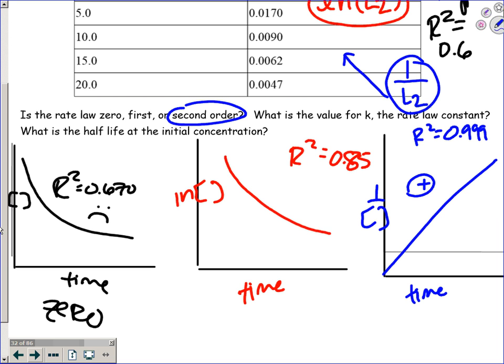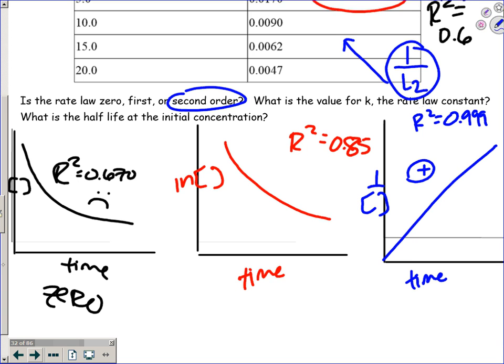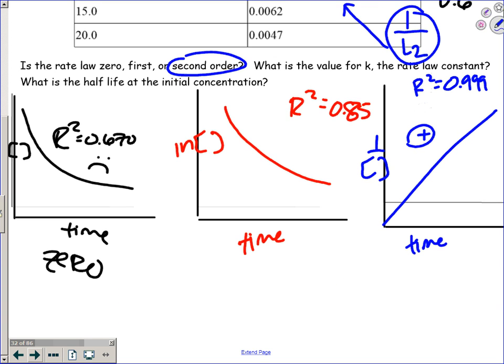So now, from your stat plot data information, what was the slope of this last graph? Slope of the second order graph. 10.126. Is that what you said? Is somebody close to that? As long as we're close to 10, I'm good with that.